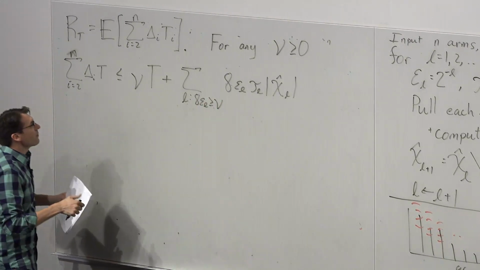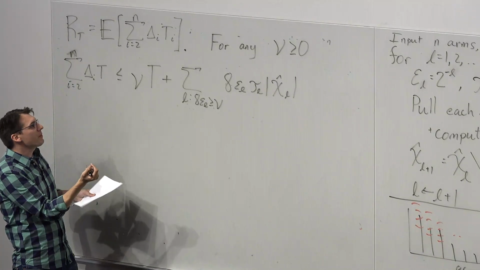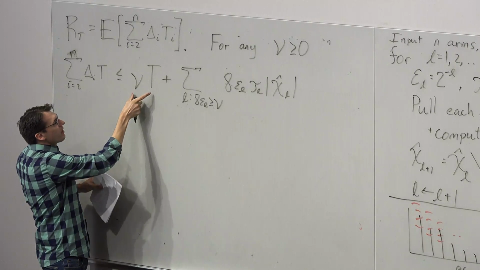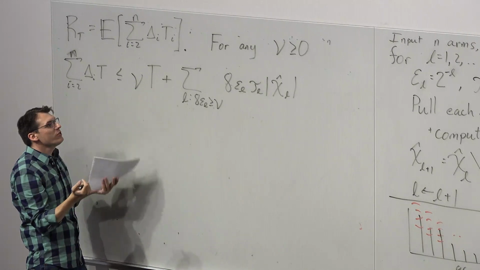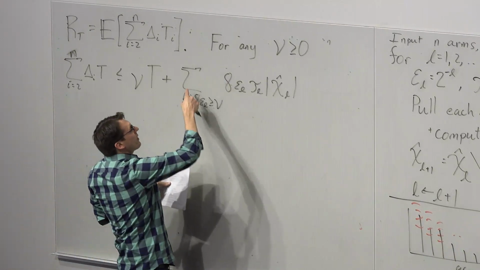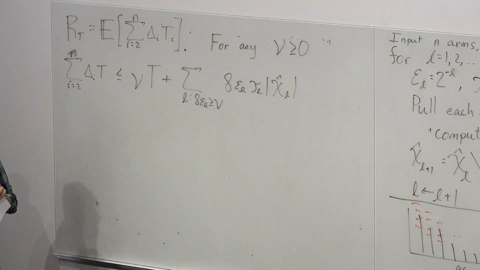For small nu, if nu is equal to 0, then this is just summing over all rounds the regret incurred from all the arms in every round. Okay?